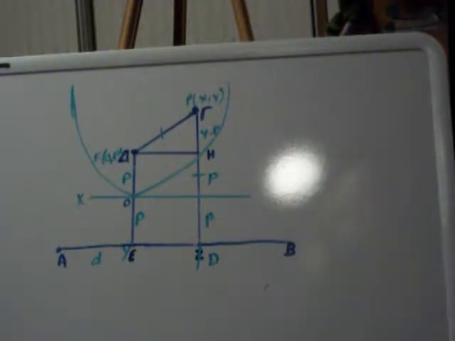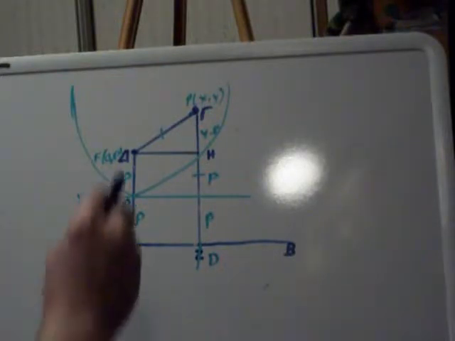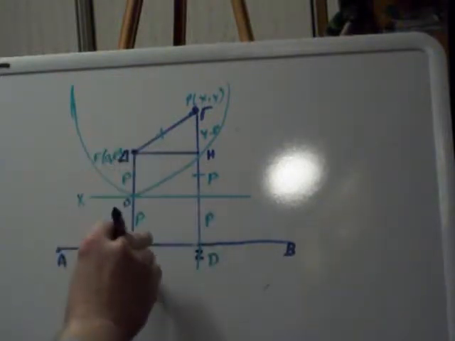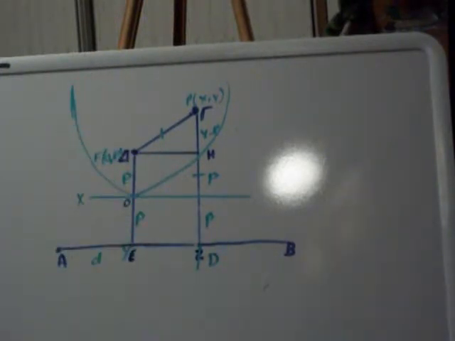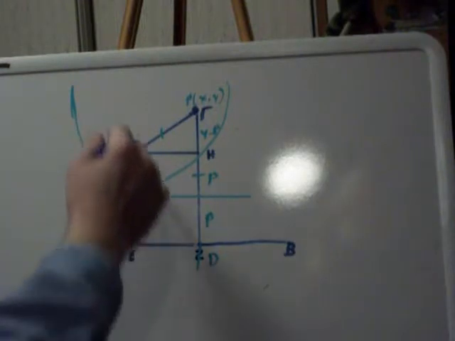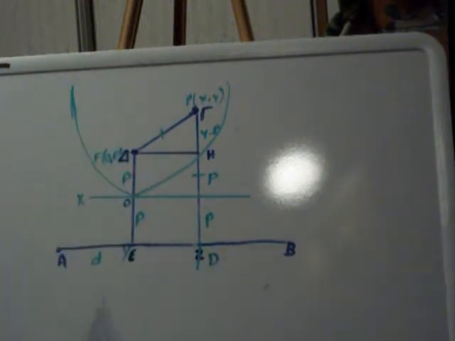So, we're going to draw a perpendicular line from the focus to the directrix. That's what this line is all about right here. And it's going to be the y-axis of the parabola.